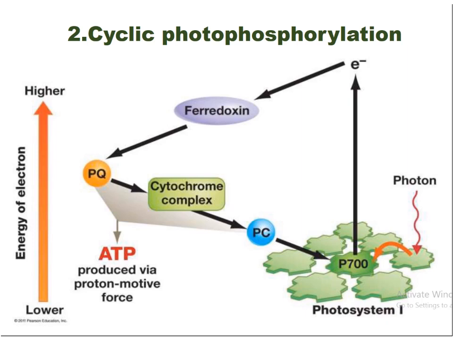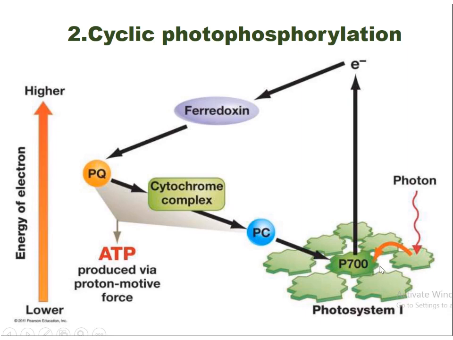Then the cytochrome complex transfers the electrons to plastocyanin, and the plastocyanin finally transfers those two electrons back to photosystem 1.